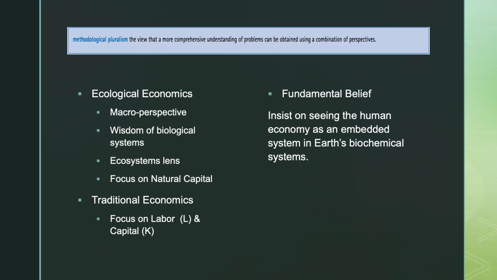This is the view that we can have a way more comprehensive understanding of a system and the problems associated with that system if we use a combination of different perspectives and include people in the conversation who have different areas of expertise.